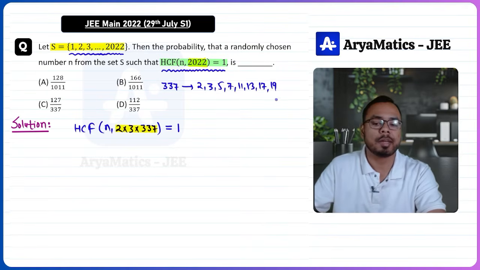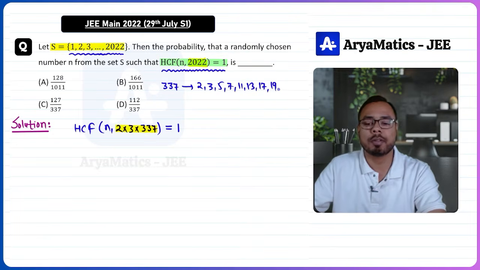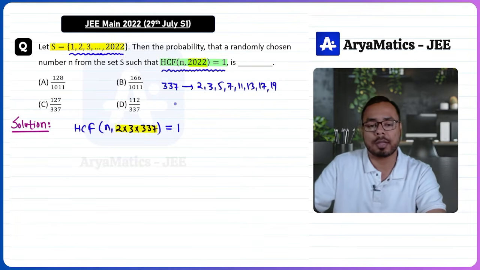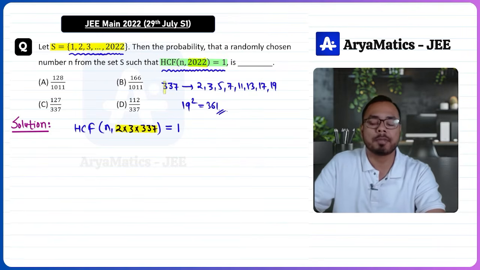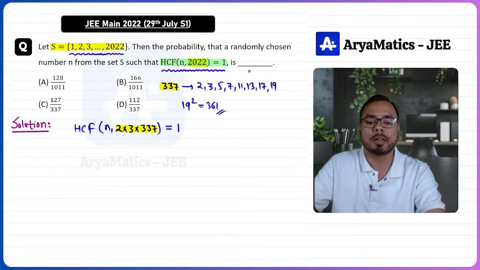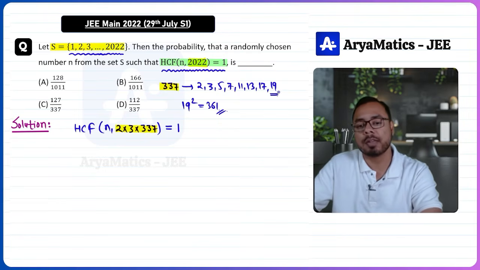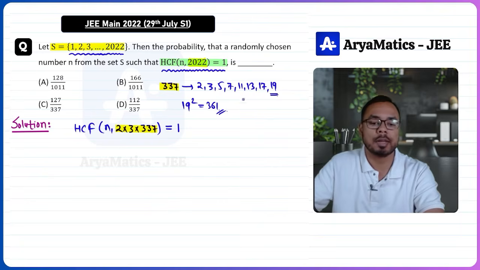If there are no factors up to 19, then you cannot have both factors bigger than 19. The logic is simple: if one factor is 23, then the other factor has to be less than 19, only then will the product be 337.